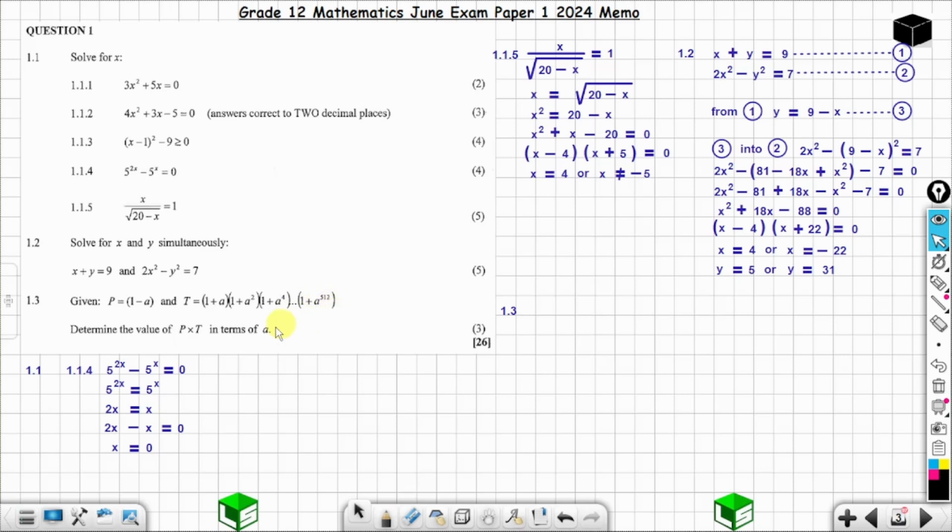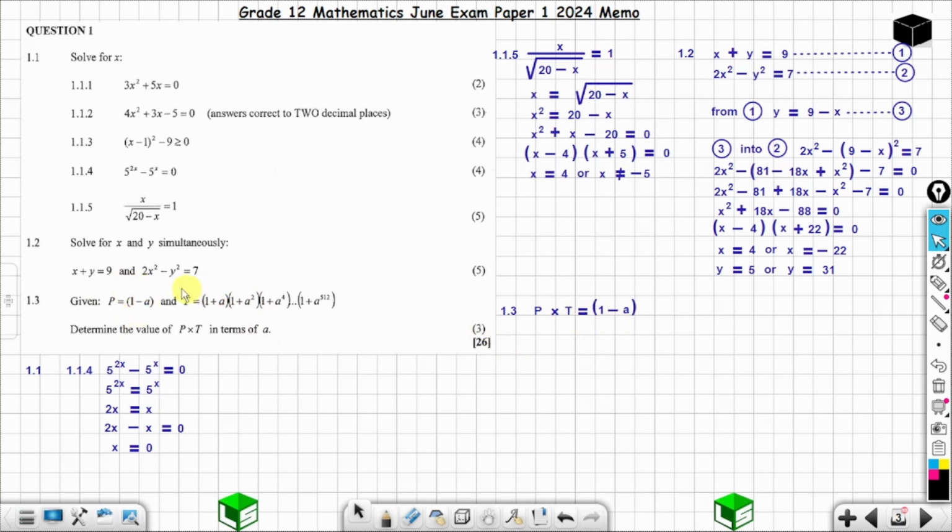Now the question says determine the value of p times t in terms of a. 3 marks.